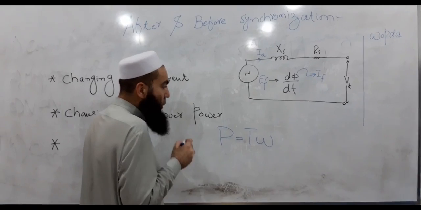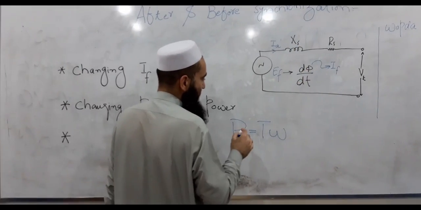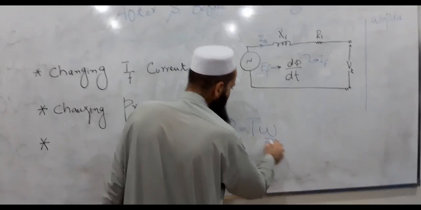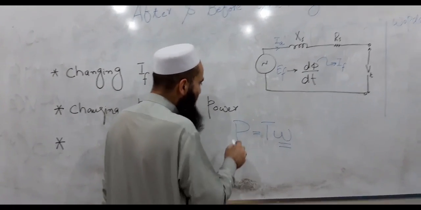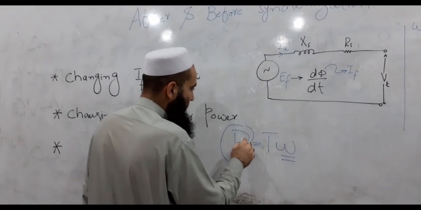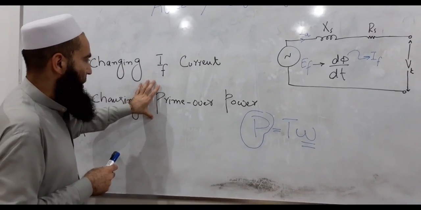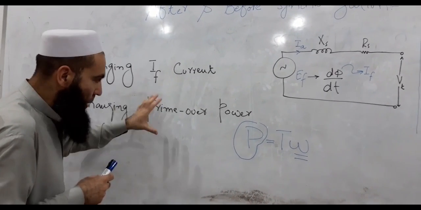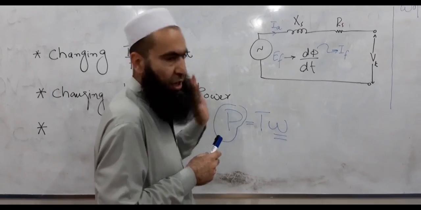So once we connect it to the system, then the speed will remain the same. And by varying the prime mover power, or by changing the power of the DC motor, you will see that the active power will change, because speed is constant, torque will change.